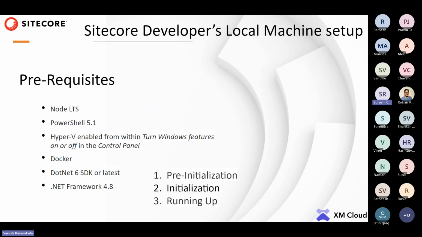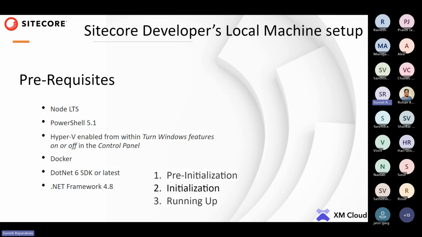We have three phases: pre-initialization, initialization, and running up. Before initializing the environment, make sure all of the prerequisites are installed and properly configured on your machine. Initialization involves setting up your Sitecore project. Typically, you will use the Sitecore CLI and Docker to pull down the necessary images and set up the environment.